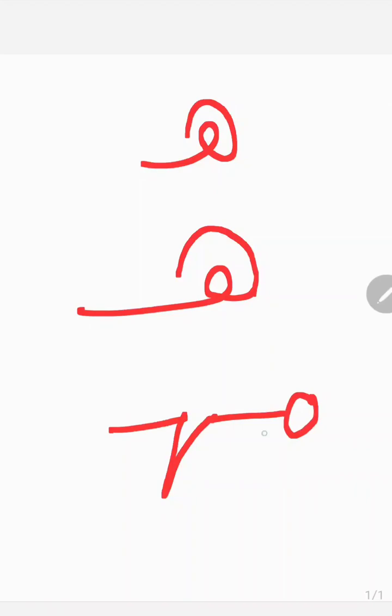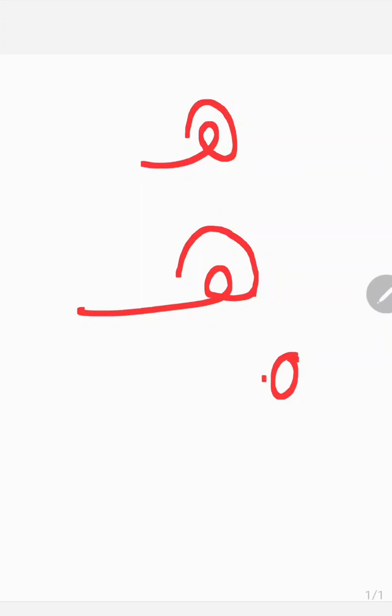Okay, so I'm giving you this example because maybe you will find a word written this way and you cannot read it, so you need to know that sometimes it will come.